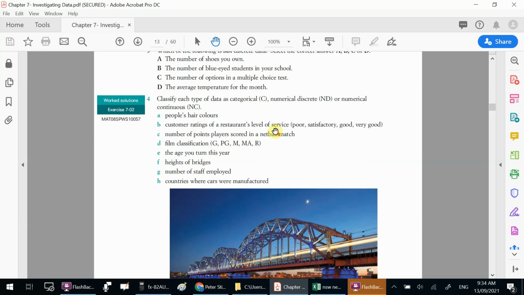Then question 4, we combine all of the various categories, so we're going to decide whether it's categorical, numerical discrete, so counting, and you're going to put C, ND, or numerical continuous where you're measuring, NC. So you put the question number, and then you put C or ND or NC for the answer.